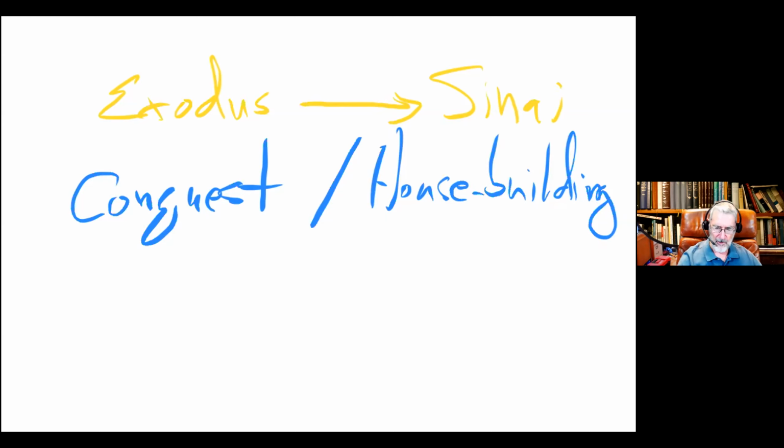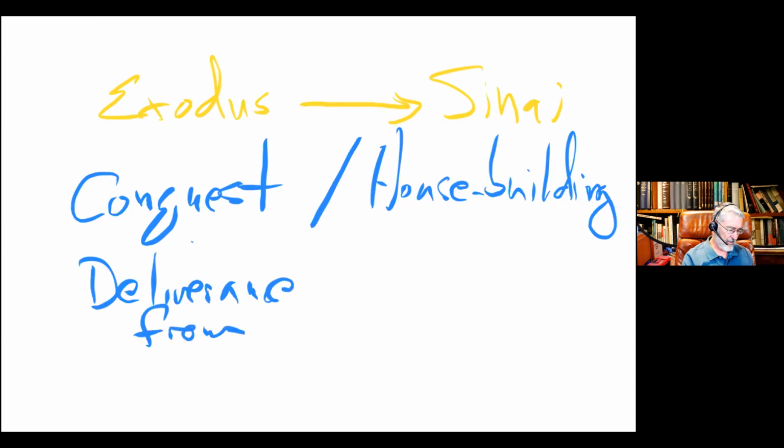In Israel, what we have happening is a similar pattern. The Exodus is a deliverance from slavery, and it's often illustrated in the Old Testament with the conquest of a monster, the conquest of chaos.